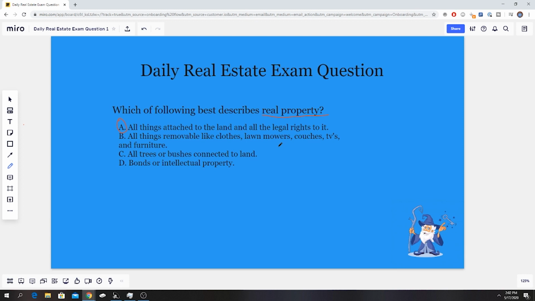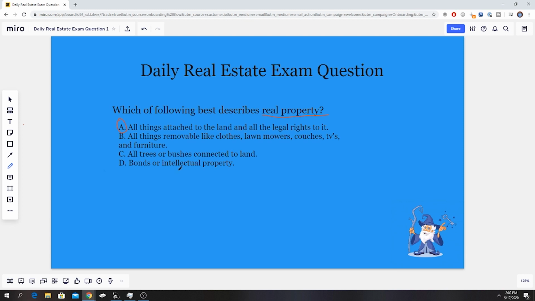But again, the question is which of the following best describes. So obviously things like regular clothes, lawnmowers, couches, TVs, that would be personal property, not real property. And if you go down to D, you see bonds or intellectual property. That's going to be personal property.